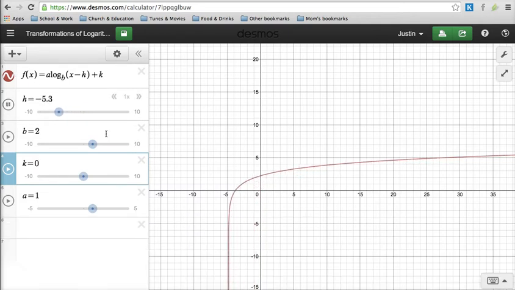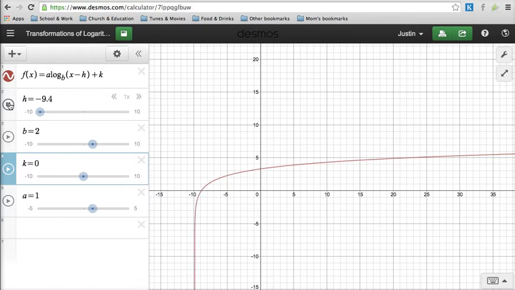Notice that it's negative and it's moving to the left. If you're confused about that, it's because this function is saying x minus a negative 6.9, and x minus a negative is a positive. So in other words, this is like writing x plus 6.9. So it's still moving to the left.